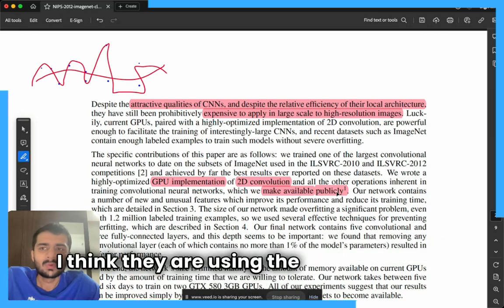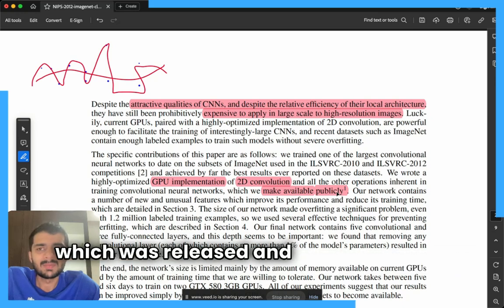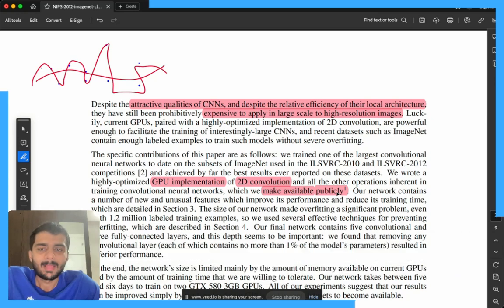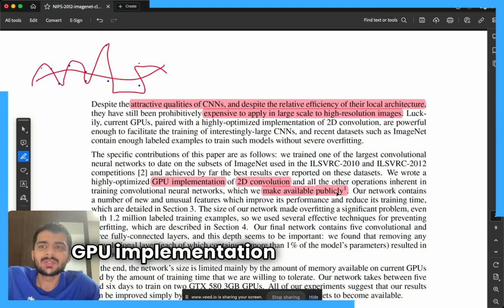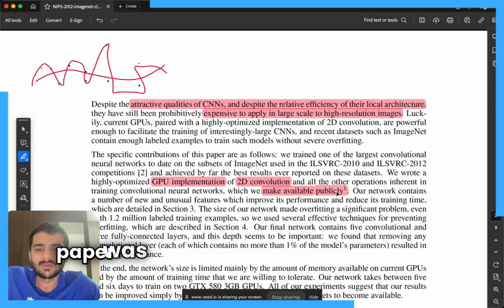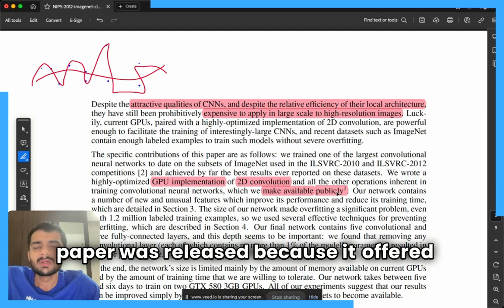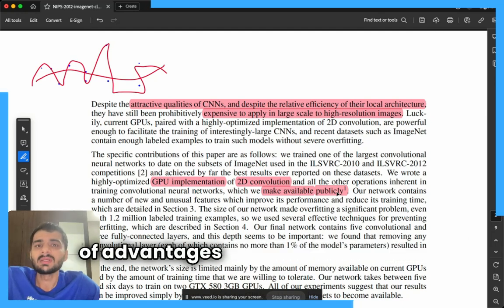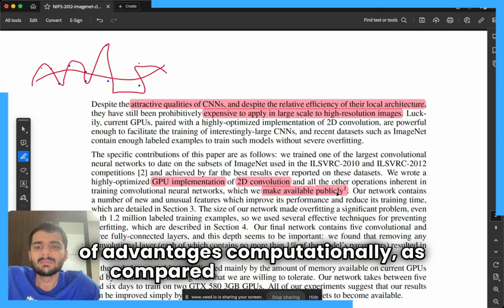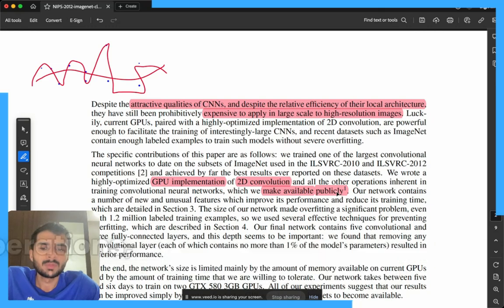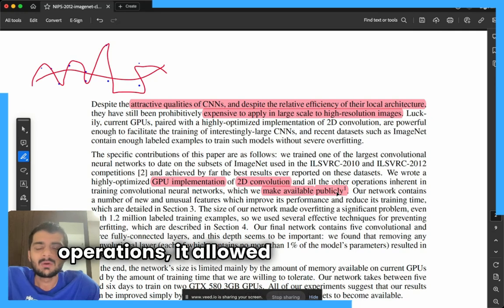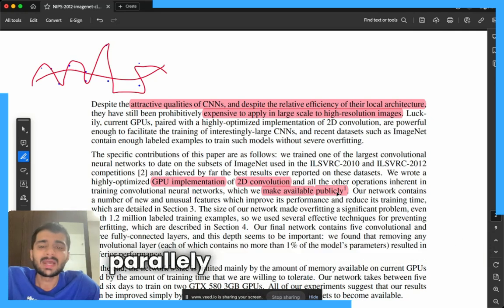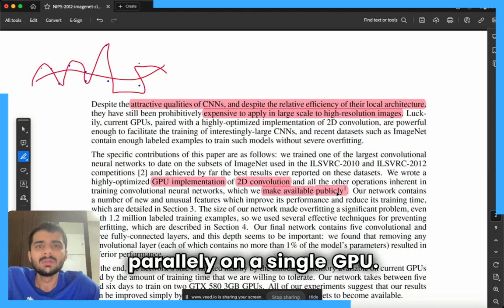I think they are using the CUDA software, which was released and made public by NVIDIA. GPU implementation took off, I guess, after this paper was released, because it offered a lot of advantages computationally as compared to traditional CPU operations. It allowed for computations to be done in parallel on a single GPU.